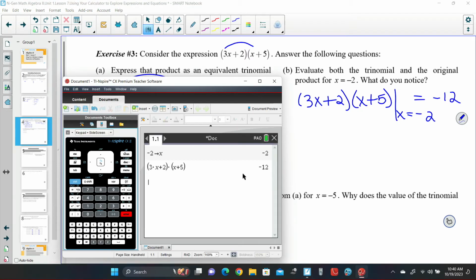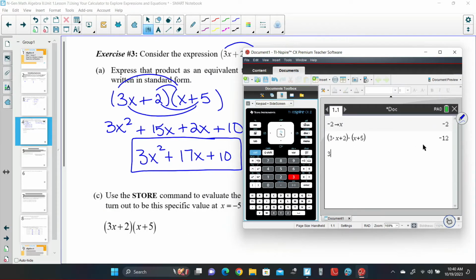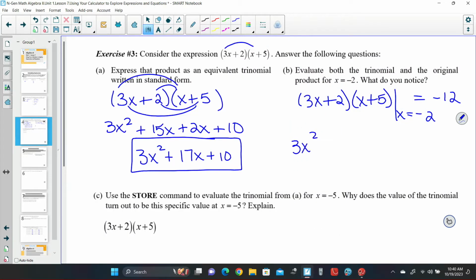And now let's do the same thing. Let's actually type in 3x squared plus 17x plus 10. And that also gives me negative 12. 3x squared plus 17x plus 10 when x equals negative 2 is also equal to negative 12.